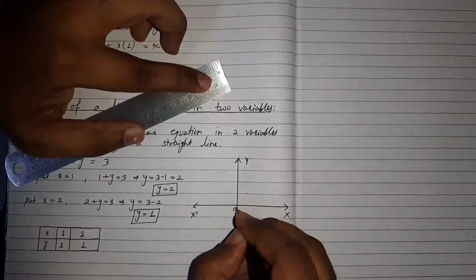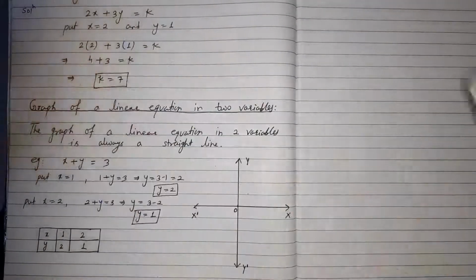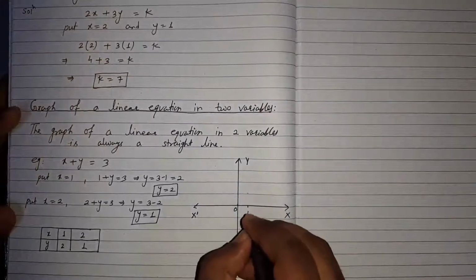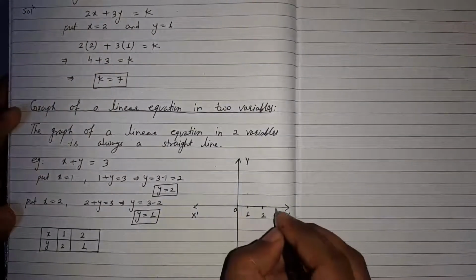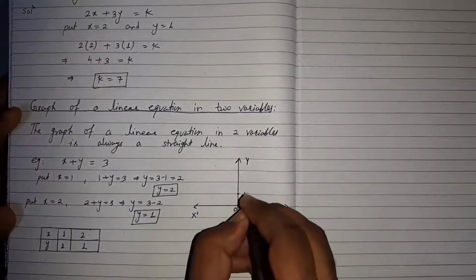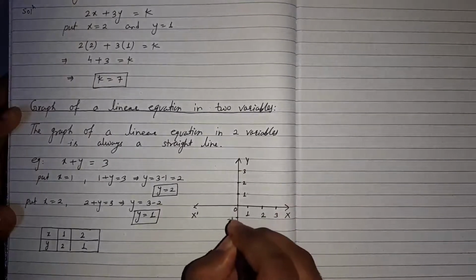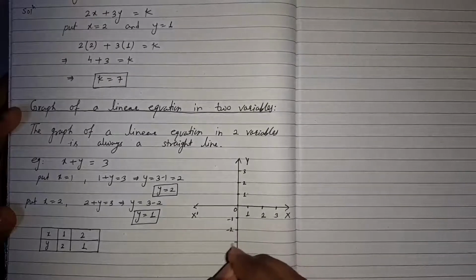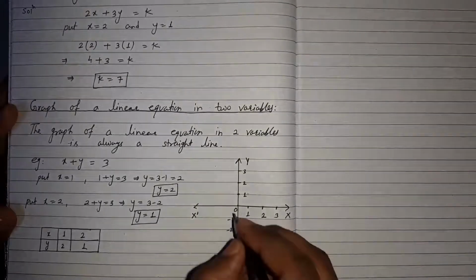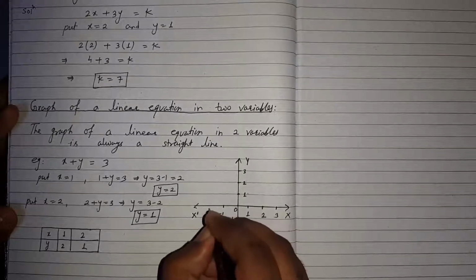This is origin 0. This is 1, this is 2, this is 3, 1, 2, 3, negative 1, negative 2, negative 3. It is negative 1, negative 2.